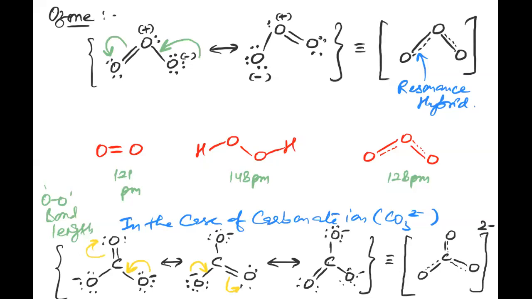So as far as resonance is concerned, I am repeating again, a molecule or ion may require more than one Lewis structure to explain all its properties. All structures are just contributing structures, and the actual structure is the resonance hybrid, which can show both resonating structures. This is just the introduction of resonance in this chapter. We'll see more detail of resonance hybrids and resonating structures in another chapter, general organic chemistry.